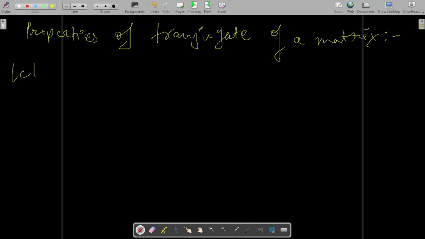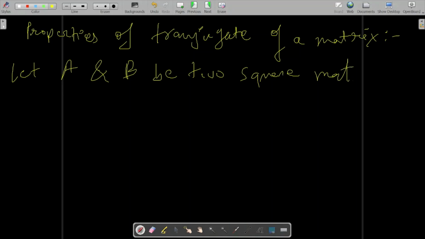Let A and B be two square matrices of the same order.